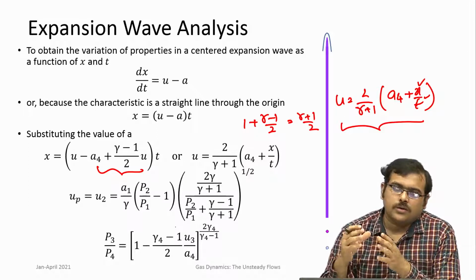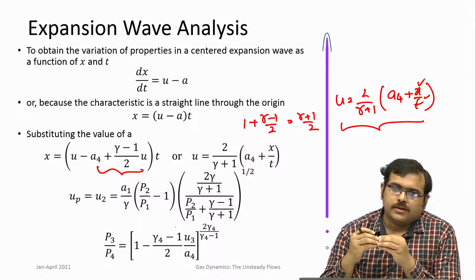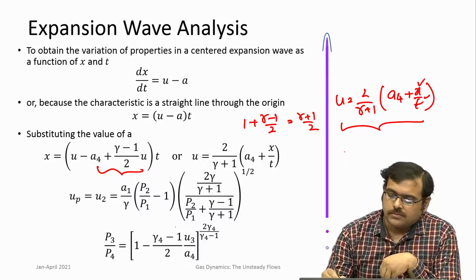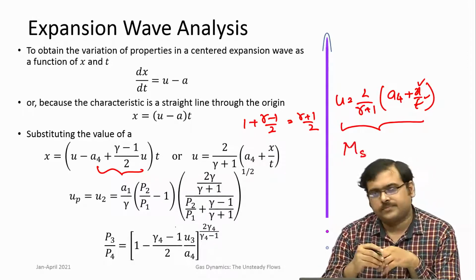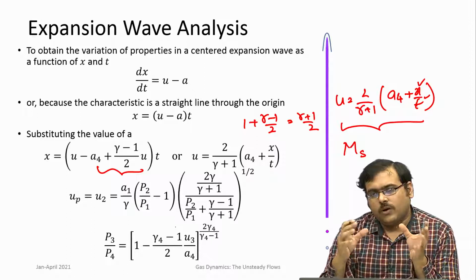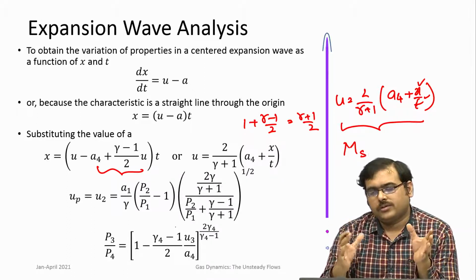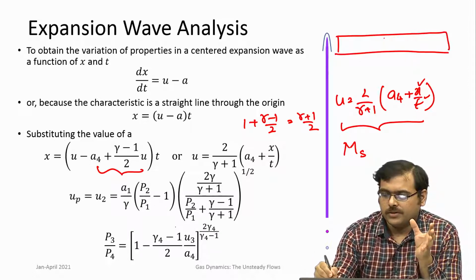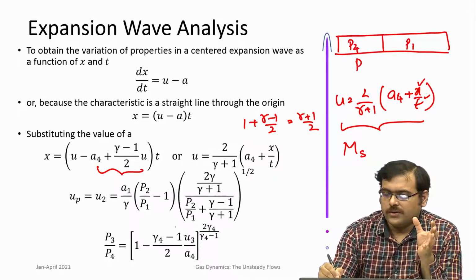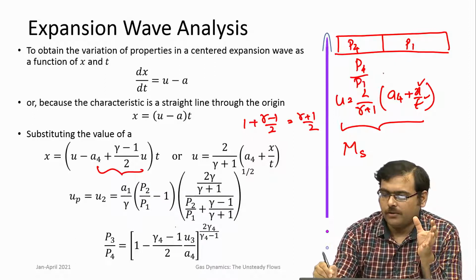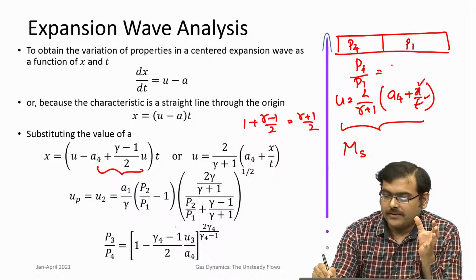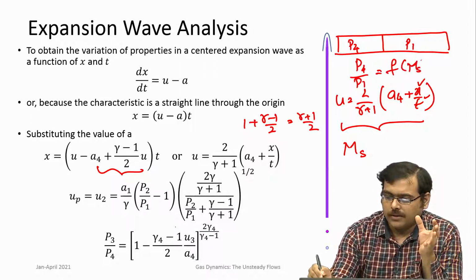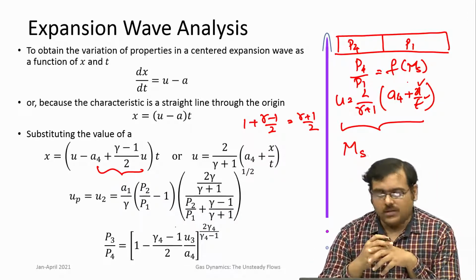If I know that a certain shock Mach number Ms has to be produced, then what should be the pressure ratio across the shock tube? This is P4 and P1. So how is P4 by P1 related to shock Mach number? This is what we need to know.